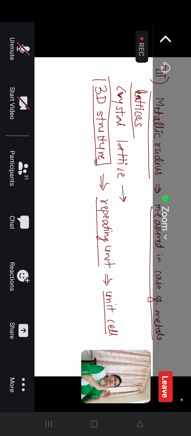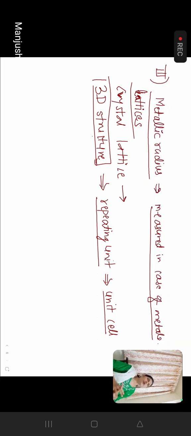So this is the structure of crystal lattice. There is a specific arrangement of atoms, molecules or ions, and in that one repeating unit is there. That unit is repeating again and again. Suppose you imagine a very big cube, then a very small cube, and so many cubes repeating again and again.